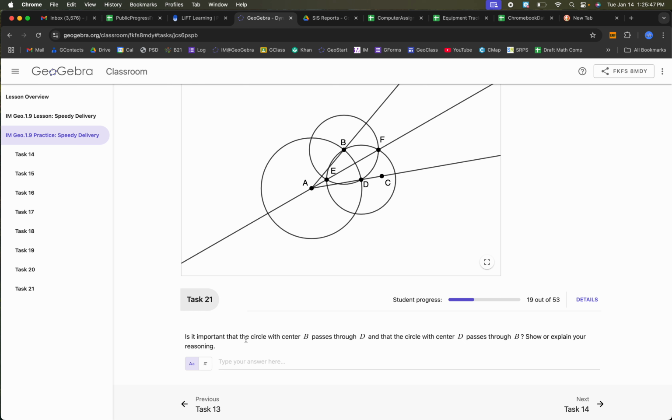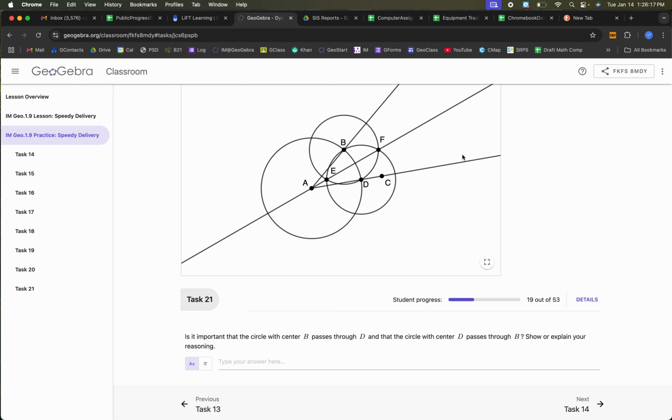Is it important that the circle with the center of B, this one right here, passes through D, and that the circle centered at D passes through B? Does this circle here have to hit point D, and does this circle here have to hit point B?